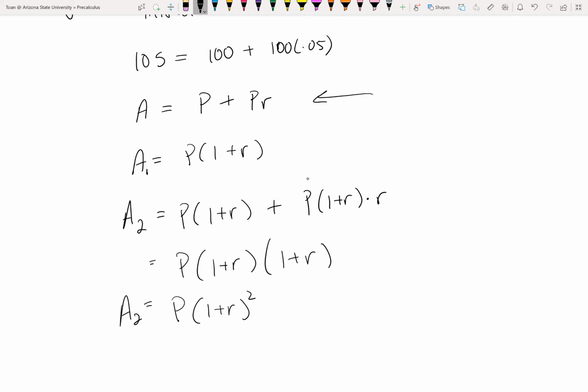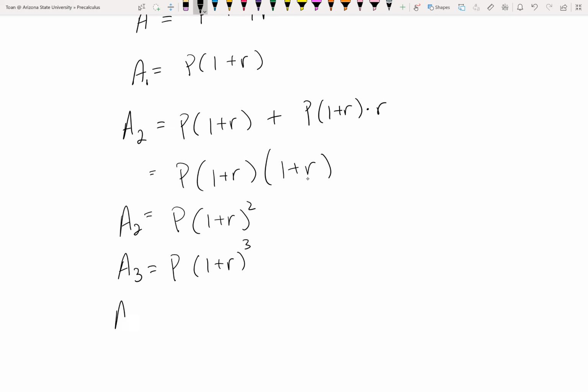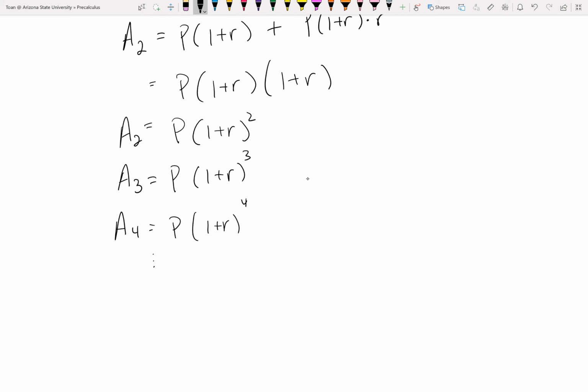So without doing any math, can we guess what should happen at year 3? P times 1 plus r cubed. After year 4, P times 1 plus r to the 4th power, and so on, and so on. So now it gives us a general formula at any given year. Let's use t for time.